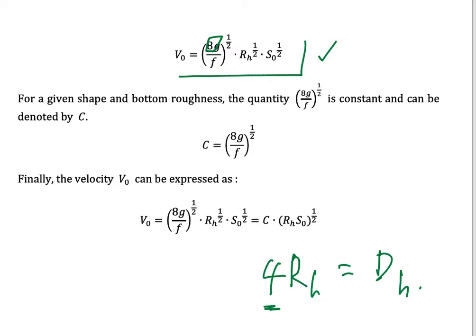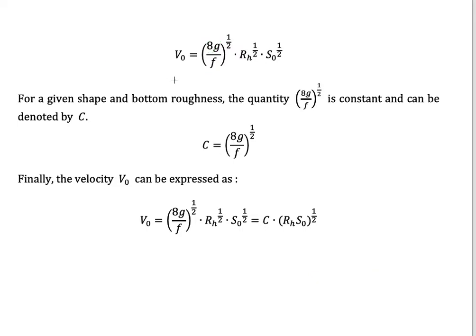I hope you can do this at home, and then we have this equation. If we analyze this equation, we find that the value of hydraulic radius here expresses the size of the conduit. The value of S here is a parameter, the inclination of the conduit, that affects the velocity.